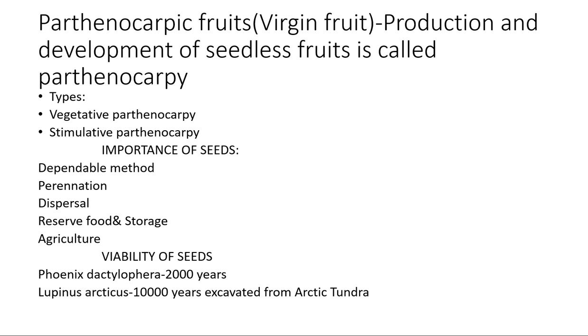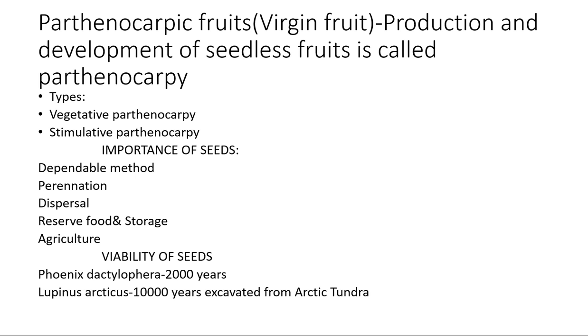Two commonly used hormones are auxins and gibberellins. So we have studied about these hormones in 11th standard. Just like tomato produces seedless fruits when it's treated with auxin, and grapevine forms seedless fruits when treated with gibberellin.